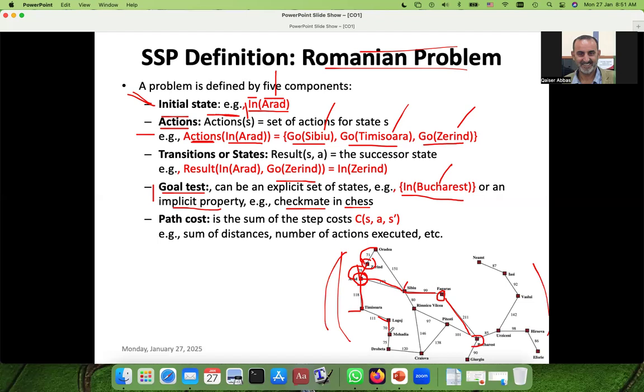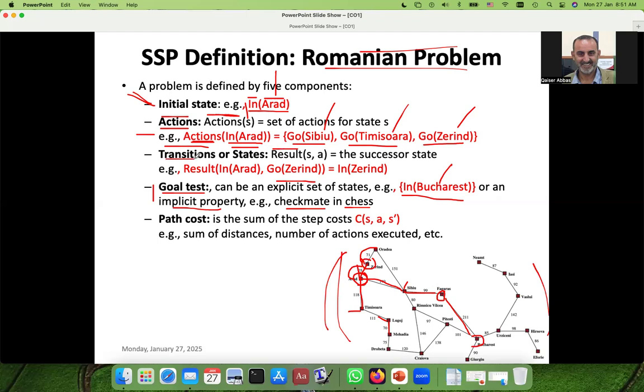Now, the fourth thing: what is the total number of states in that problem? This is also called transition. Transition means moving from one point to another. How can you write it according to your book? You can write the word result, or you can write transition.